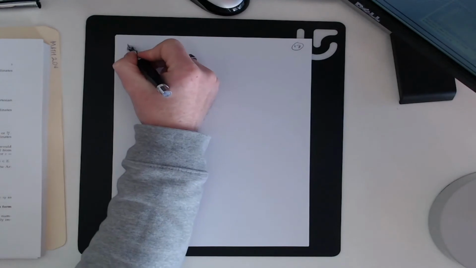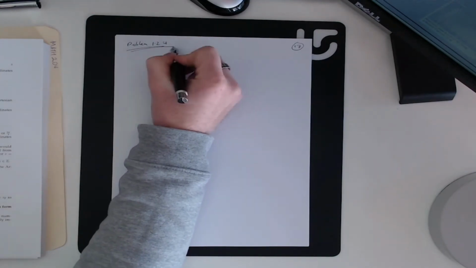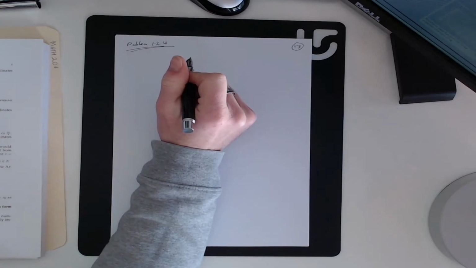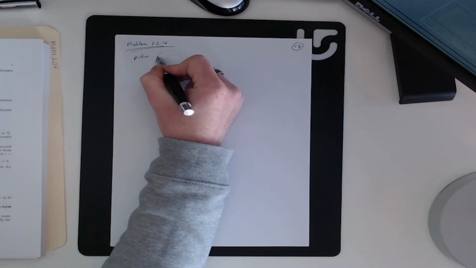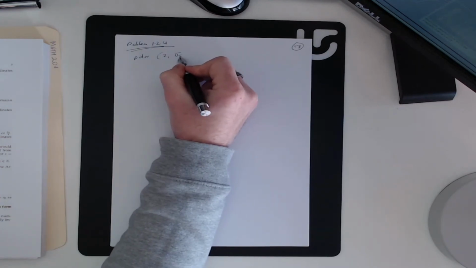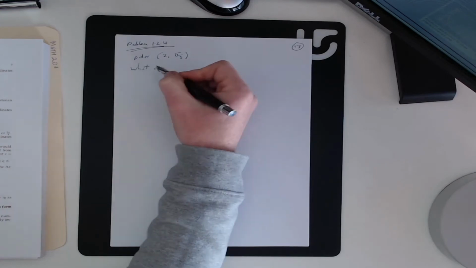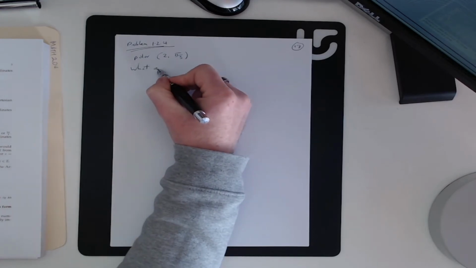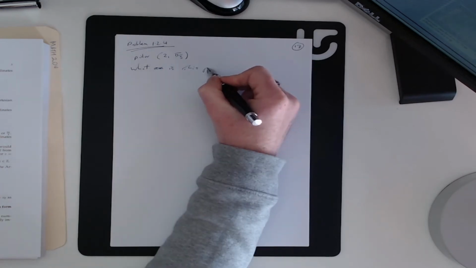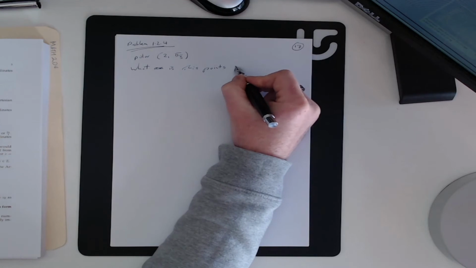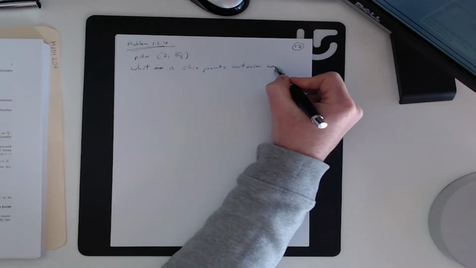Okay, so in the notes, this is problem 1.2.4. Let's suppose we have a point with polar coordinates 2, pi over 3. What are this point's Cartesian coordinates?